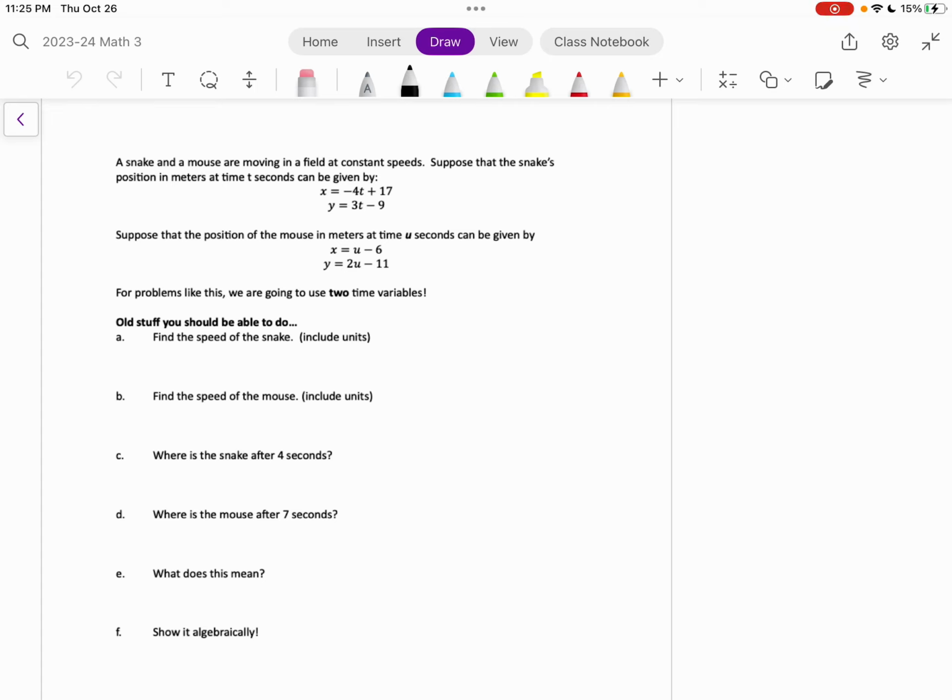We're going to talk about two things, and the big difference with this type of problem is that we're dealing with two different times here. So we have t for the snake, and we have u for the mouse, okay? Hopefully you can quickly skim this problem. We have a snake moving with this set of parametric equations, and a mouse moving with this set of parametric equations.